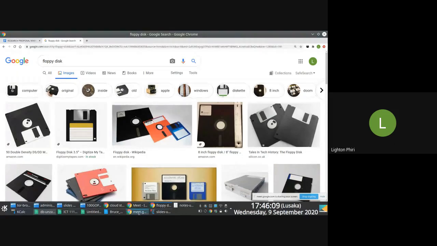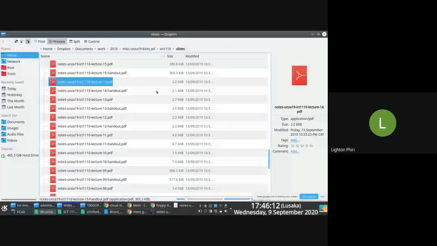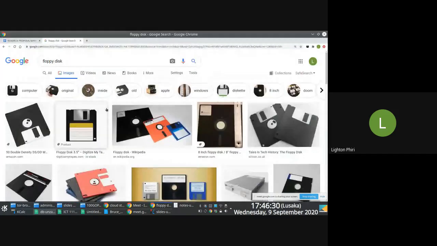Not enough to even accommodate slides. The average PDF presentation for ICT 1110, if you notice the size we're working with, is usually above 2 megabytes because of the images that are there. So yeah, I just went down memory lane here.